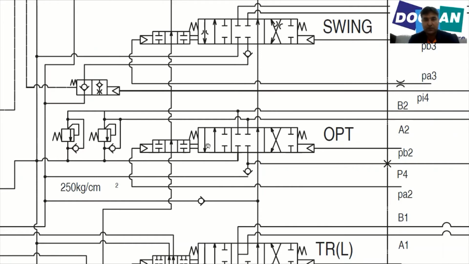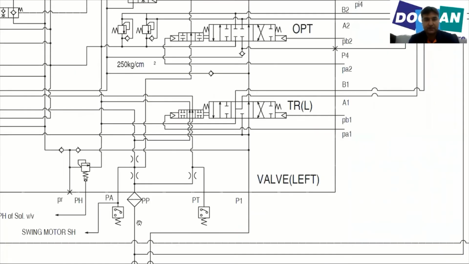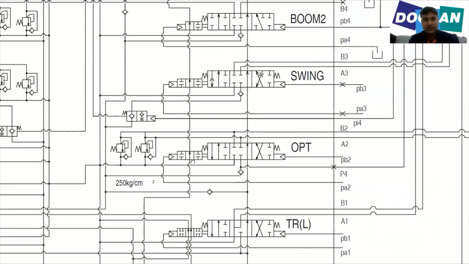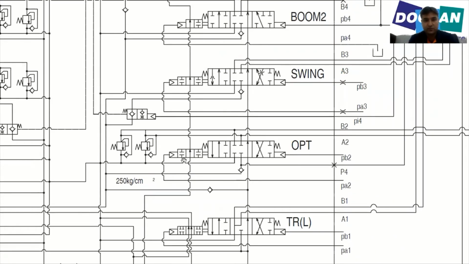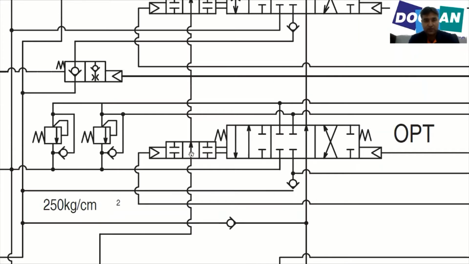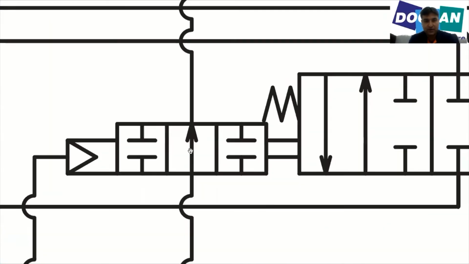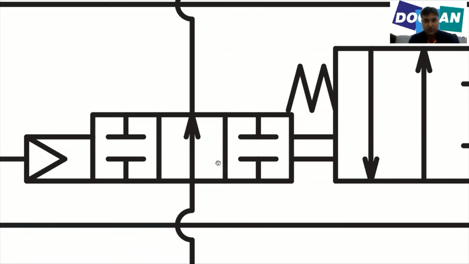When the spool is in the neutral position, this flow, which we discussed, coming from the pilot pump and going to each spool, can pass through the middle, because you see this small spool also has three positions: 1, 2 and 3. This position and this position are both blocked, but the middle position is open.